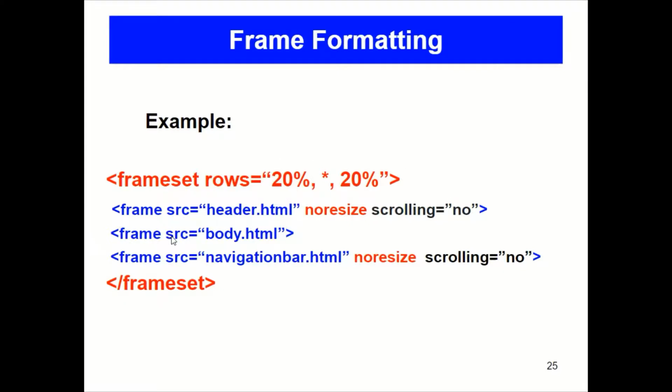Then the center part of the frame document is body.html. Its source is in the second frame, the middle frame, as the overall browser window is divided row-wise. So the top row is used for the header.html document, where we don't need scrolling and don't need resizing, so the noresize attribute is used.